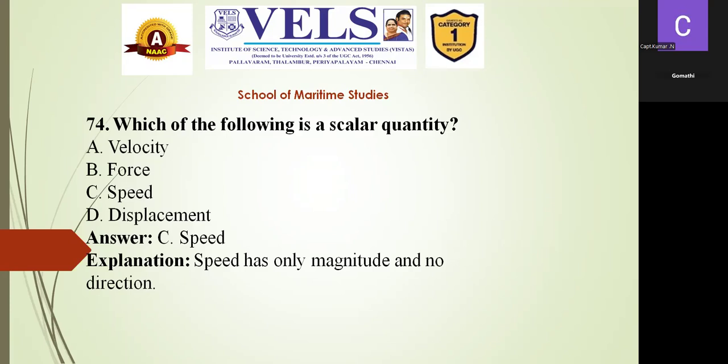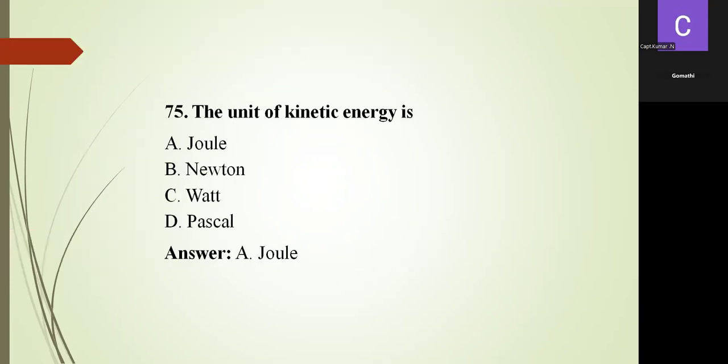Scalar quantities have only magnitude, with no direction. Option A is velocity, option B is force, option C is speed, option D is displacement. The answer is speed.